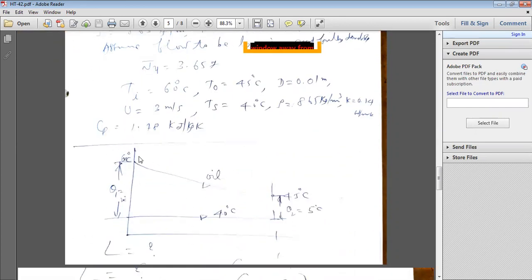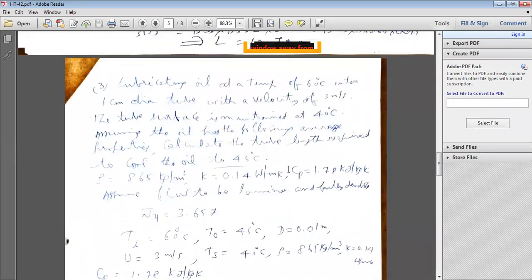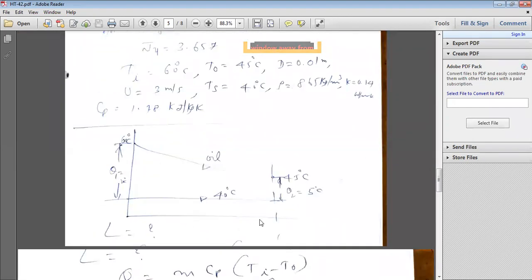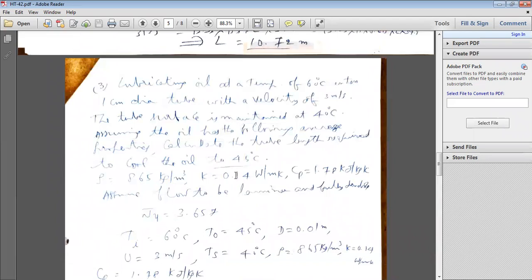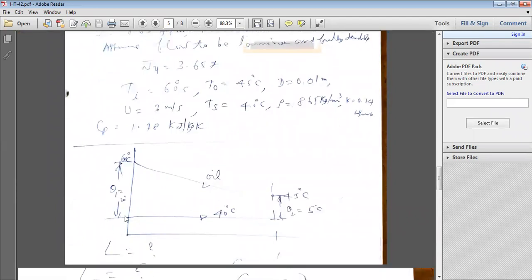You have to cool the oil from 60 degrees centigrade to 45 degrees centigrade. For that you have to calculate the length of the tube. What is the tube length? L. The tube wall is maintained at a constant temperature of 40 degrees centigrade, and the oil's initial temperature is 60 degrees centigrade.